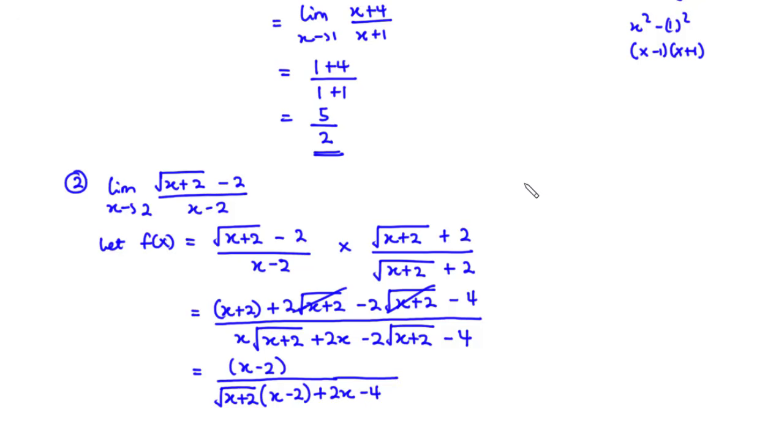Now don't forget that 2x minus 4 can also be expressed as 2 into brackets x minus 2. So instead of writing 2x minus 4, we are going to write 2 into brackets x minus 2.